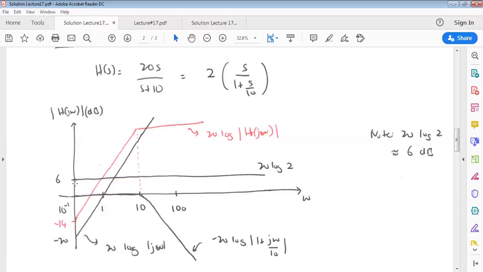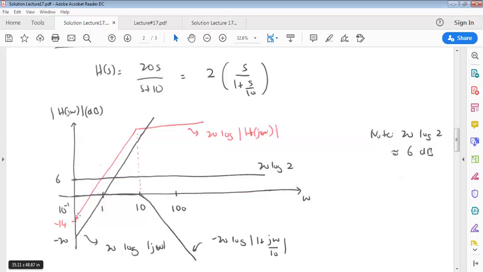Because of the existence of this 6 dB constant, the final plot shall start at negative 14 dB, because this is related to the amplitude shifting. So negative 20 plus 6 dB amplitude, the plot will start at negative 14 dB.